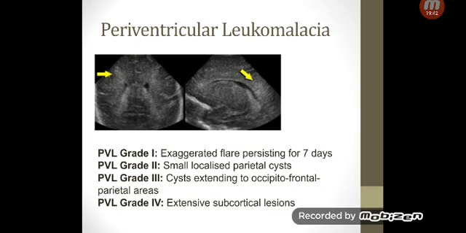What is pointed at here with the arrows is part of the watershed areas, and because of that, this is where you would expect a normal flare on the ultrasound to happen. So this flare is normal. Why is that important? Because PVL, when it happens, is shown on the cranial ultrasound as an exaggerated flare. So how do you know that this is a normal flare?